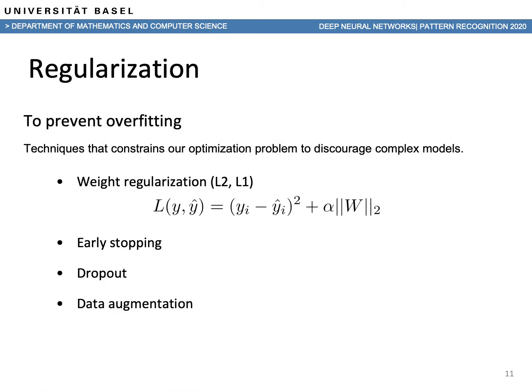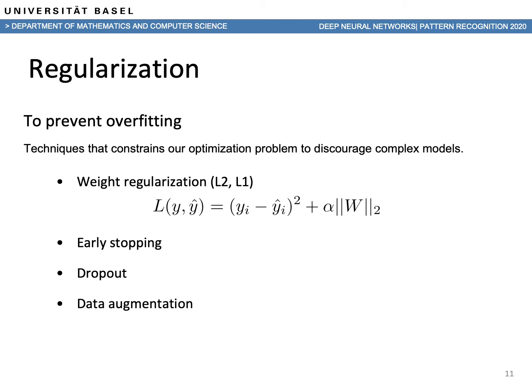During training, we can add a regularization, which helps to prevent overfitting. And the techniques here below are essentially techniques that help constrain our optimization problem to discourage too complex models. So we want the models to be simpler.